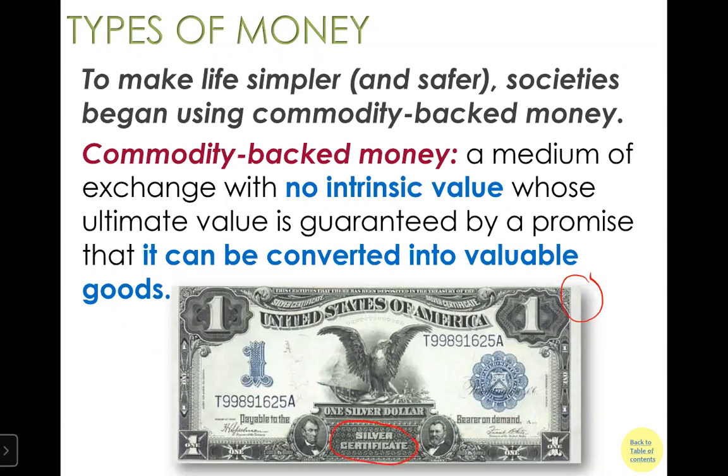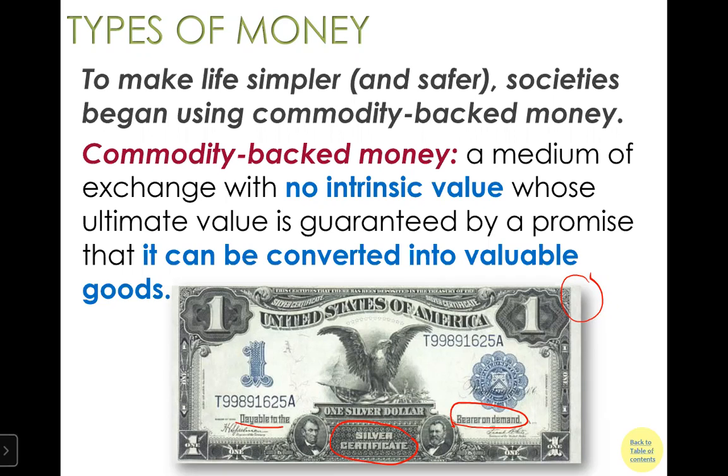The difference is, if you read this more carefully, it says silver certificate. And see, this is payable to the bearer on demand some silver. Basically, it says if you hold one piece of this paper and you go to any bank, this bank is obliged to pay you a certain amount of silver on your wish.